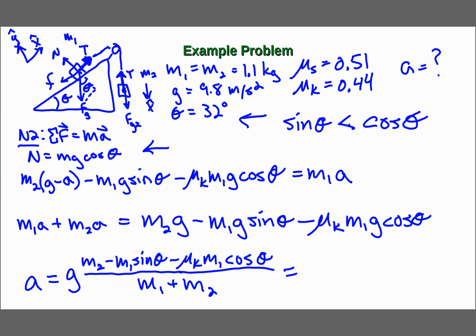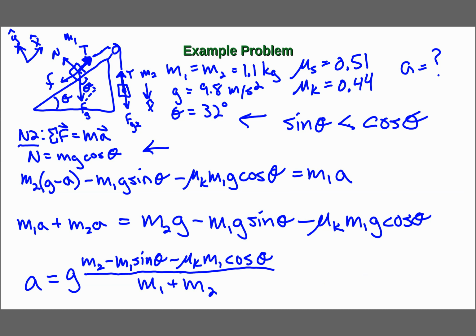So if I put in the numbers just for this top piece, what I'll get is G over M1 plus M2. And masses are always positive, so that denominator is always going to be positive. What I end up with is 0.11. So what I end up with is going to be a positive number overall. So I chose the correct direction when I did this.